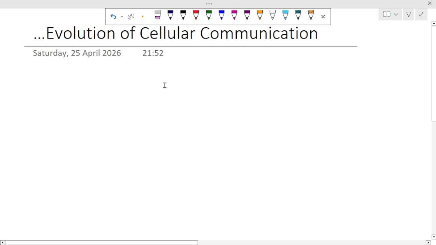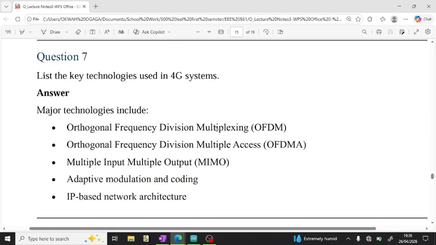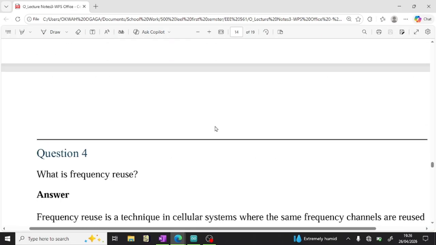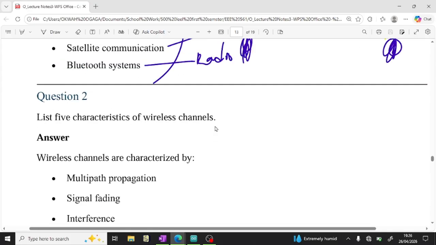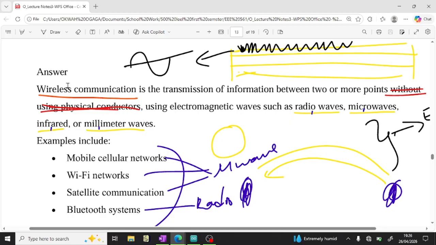Now recall that cellular communication is an example of wireless communication. Remember what we did in one of the videos where we defined wireless communication, and then mentioned some of its examples: mobile cellular network.